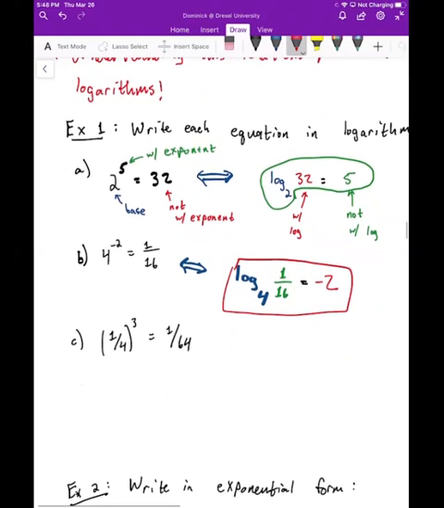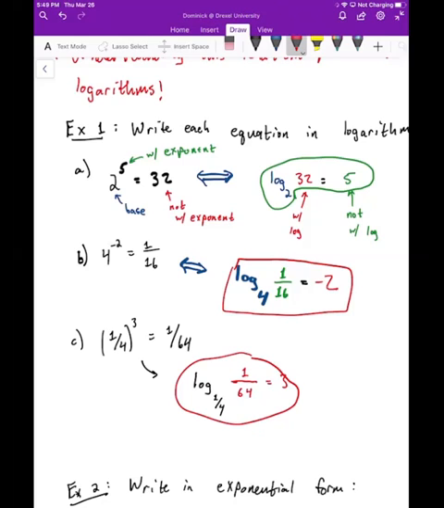And for part C, same idea. My base is 1/4, because that's the thing that's getting the exponent. The 1/64 is not with my exponent, so that should be with my logarithm. And my 3 is with my exponent, so that should not be with my log. So that's the logarithmic form for that one.